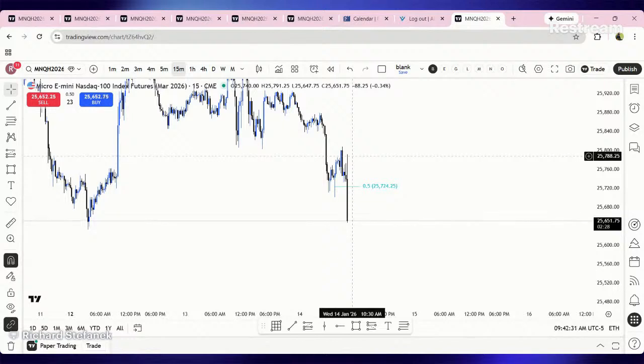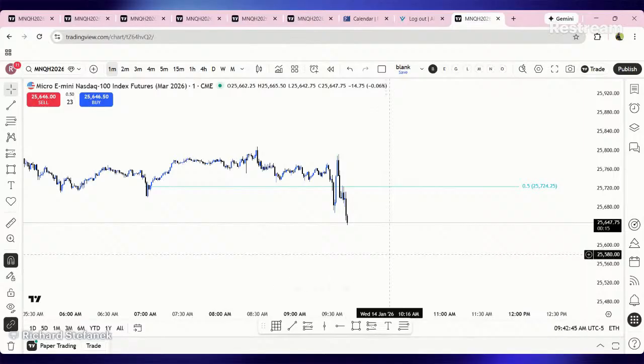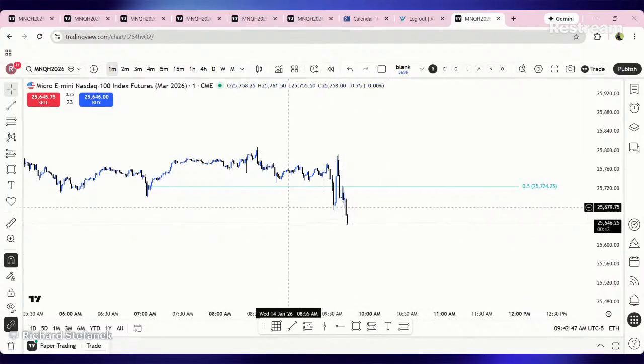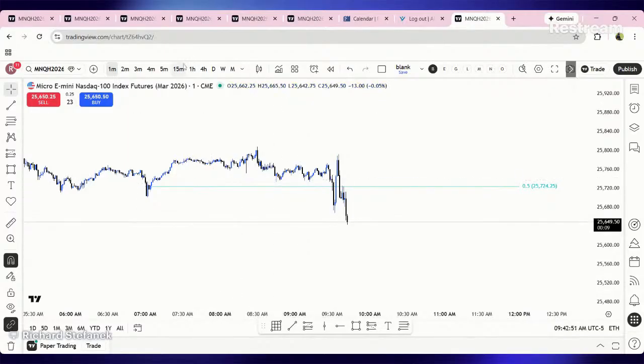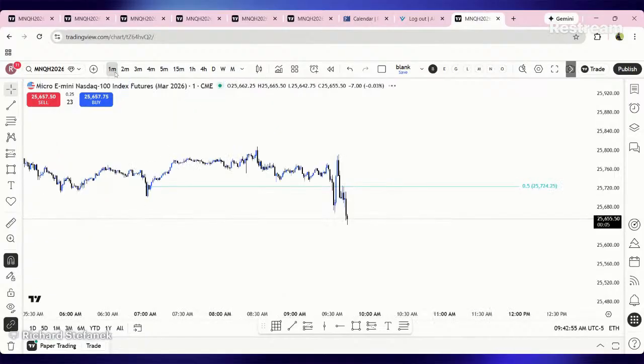Should have said something. Yeah, there we go. That's what I was looking for. Yeah, that was a nice reaction right there. Look at that midpoint. Midpoint of that wick on the 15-minute right there. Uses that level. Love that.